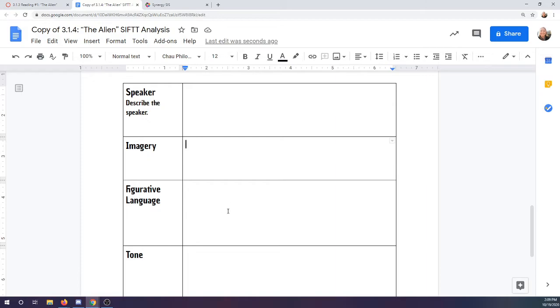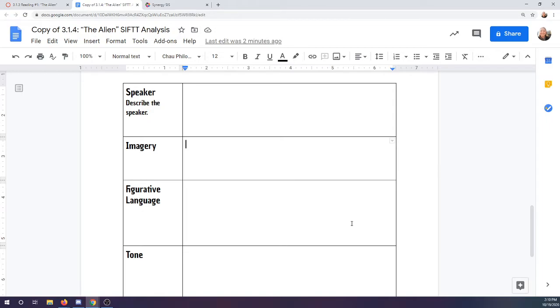In the next box, you are going to give me examples of figurative language. So is there any symbolism that pops up in the poem? Do we see any examples of metaphor, where we're making comparisons with two unlike things? Do you see any personification? Any allusions? Remember, if we make an allusion to something that's old, we're making a reference to it.